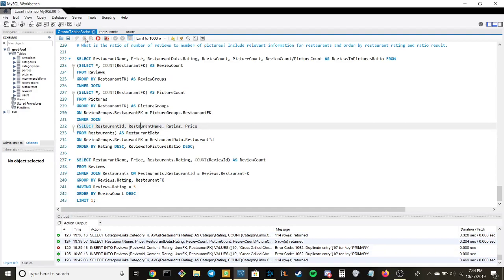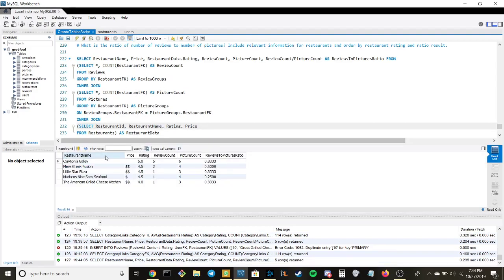So running this query, we can see at the top here, this one has 5 reviews and 6 pictures, so it's almost a 1-to-1 ratio. And it has the highest rating of all of the restaurants here. Next highest is a 0.5, so half. And this is 4.5.